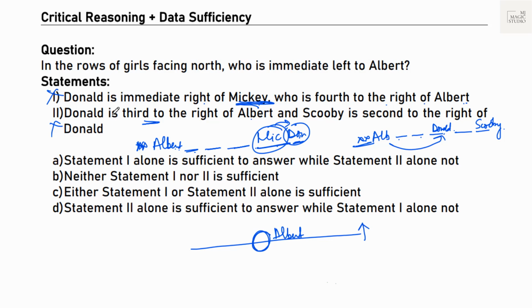That means there is no equivalence among the two statements. So neither statement 1 nor statement 2 is sufficient, and both statements together are also not sufficient to find the answer. We'll mark option B and move on.